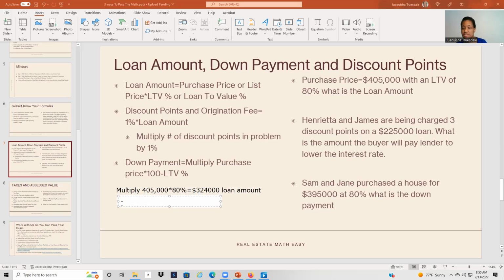So Henrietta and James are being charged 3 discount points on a $225,000 loan. What is the amount the buyer will pay the lender to lower the interest rate? So for this one, we multiply 225,000 times 3%, or 0.03.